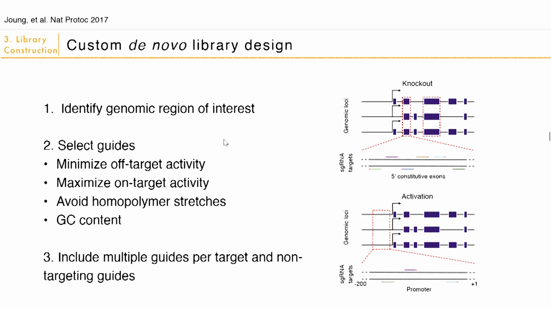And then we will select guides based on minimizing off-target activity and maximizing on-target activity, as well as a few other filter criteria like GC content and homopolymer stretches. These 2 criteria make the guides easier to synthesize by existing companies. And we will also include multiple guides per target to offset any potential off-target activity, and include non-targeting guides as control.